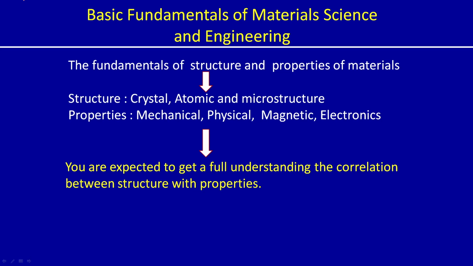So, with this let us begin, and structure means different kinds of structures. This I have been telling you again and again, please keep in mind. First one is obviously atomic structure, because every material in this world is made of a basic unit called an atom, and when atoms assemble, they can form crystal or amorphous structures.